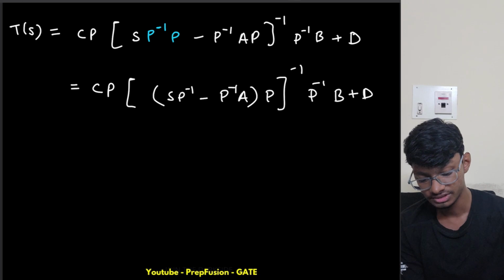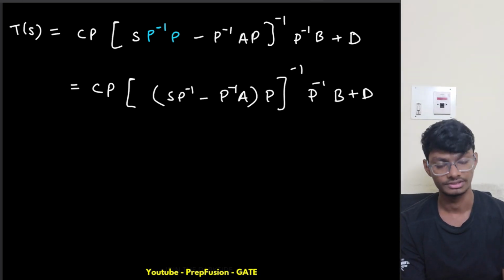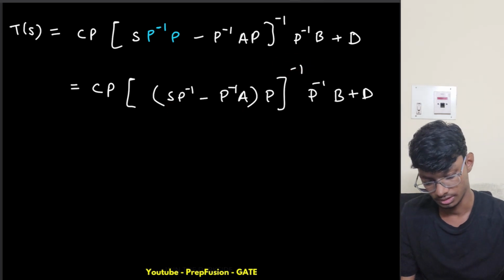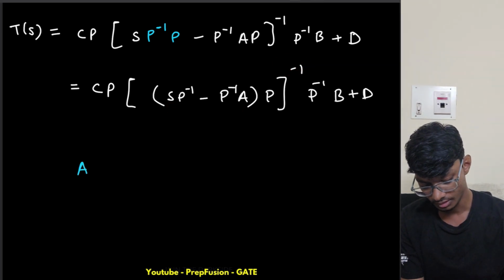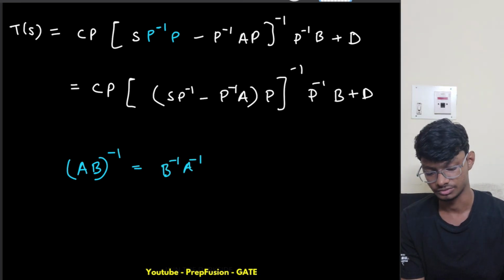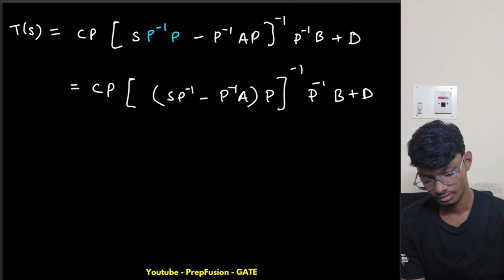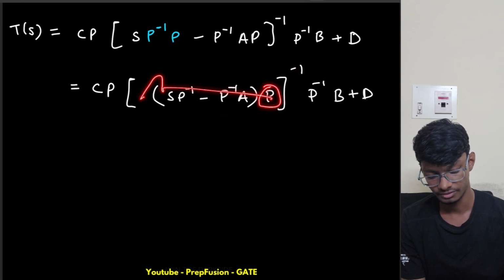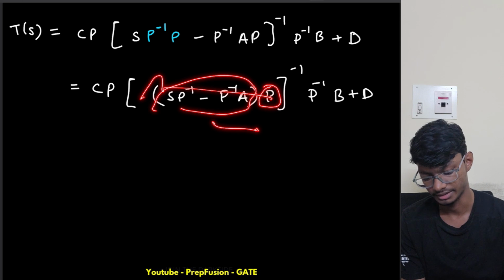What is the matrix rule we use when we take the inverse of multiplication of two matrices? If we take inverse of A times B, we get B inverse A inverse. That is the property we will use here. This is the multiplication of two matrices, and we are taking the inverse. So P inverse will come in front, then this whole thing will be back here.